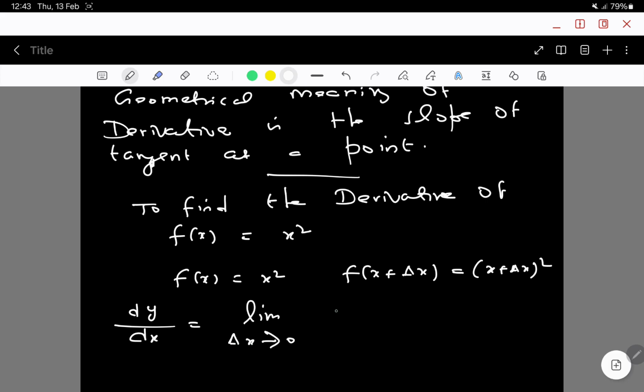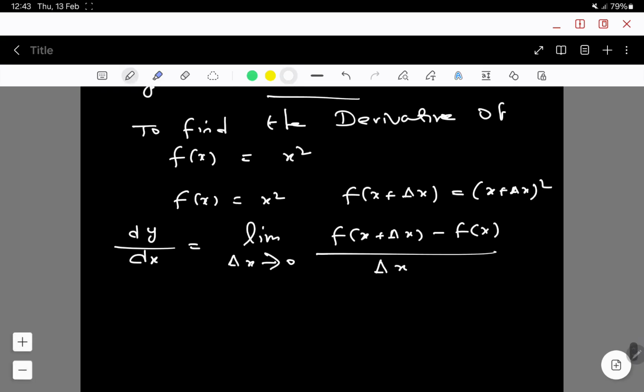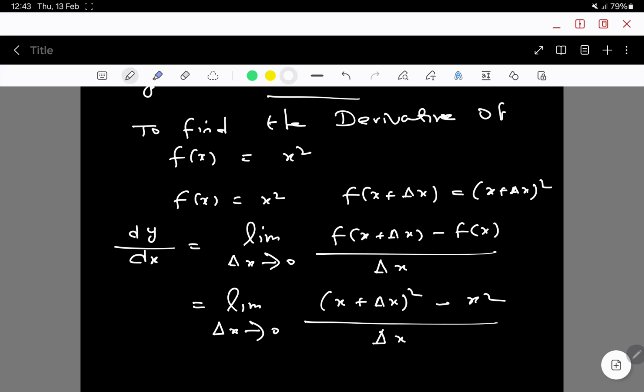Limit delta x tends to 0, f of x plus delta x minus f of x by delta x. Now we substitute the values: limit delta x tends to 0, x plus delta x the whole square minus f of x, which is x square, divided by delta x.